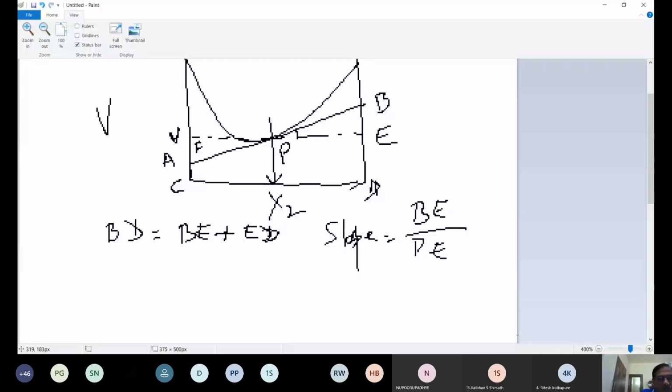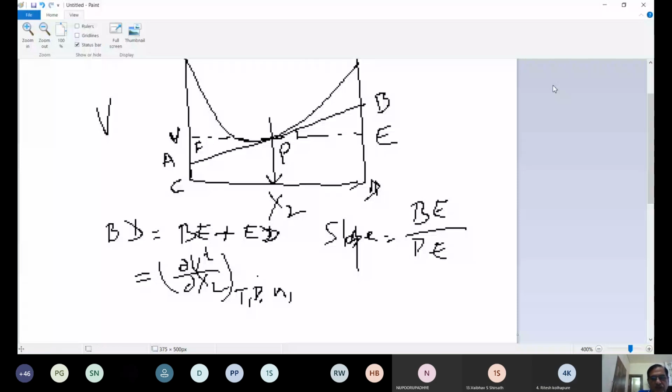And slope is double VT over double X2 at constant temperature, pressure, and N1. PE is equal to 1 minus X2.